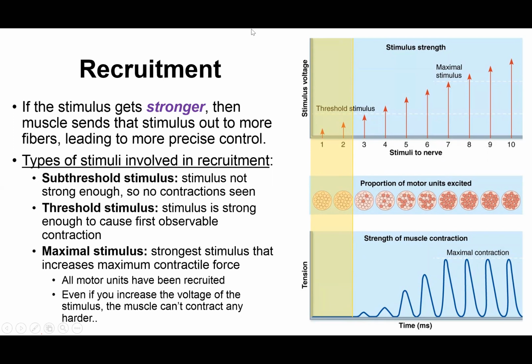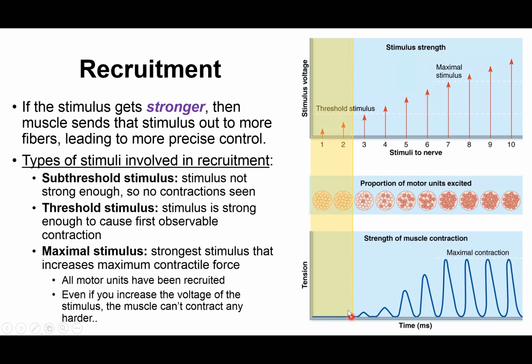Here on the y-axis we have the voltage, and it's pretty low. We have to reach a certain threshold, a certain voltage, in order to actually see contraction. In subthreshold, the threshold is not met. Therefore, the number of motor units and fibers being stimulated would be 0, and therefore we don't see any muscle contraction.